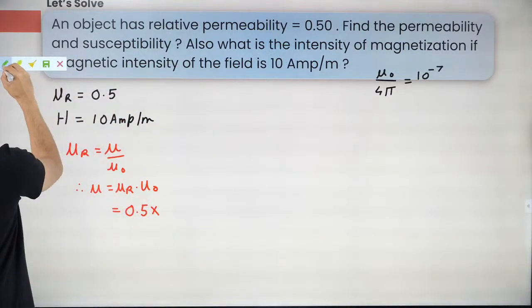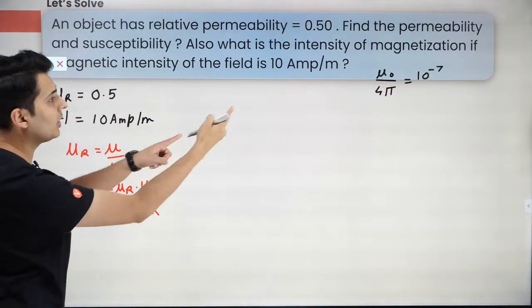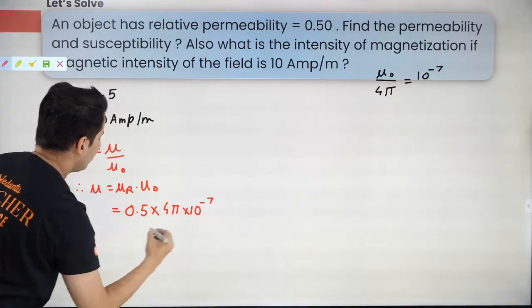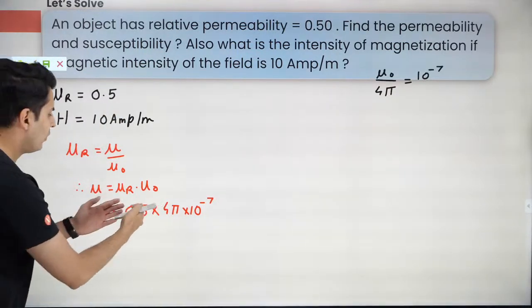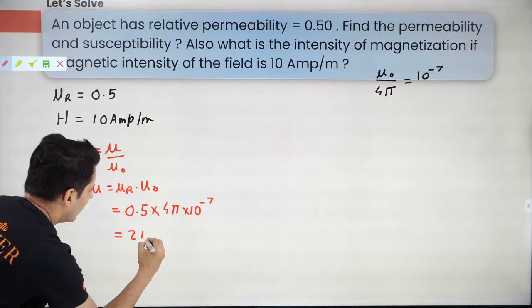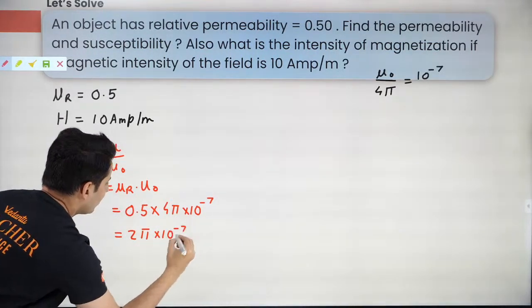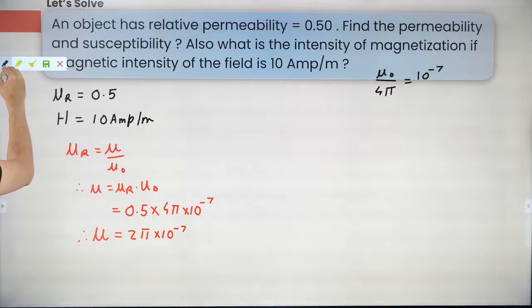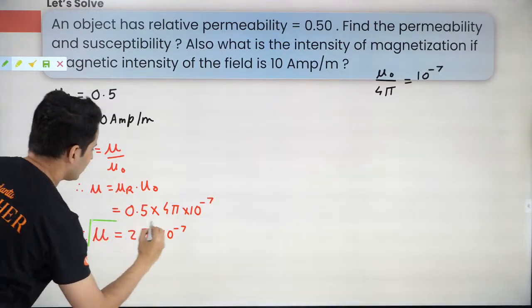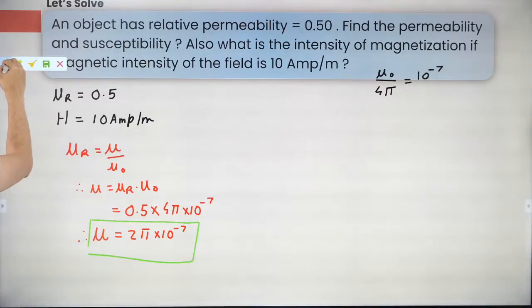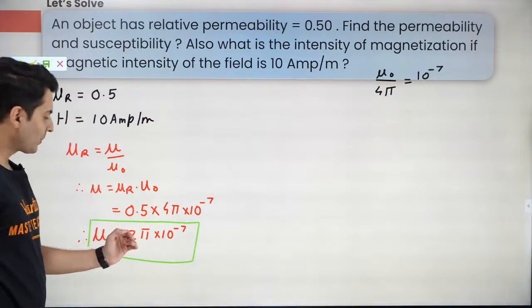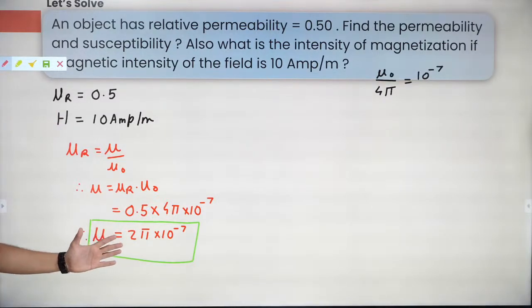Use that fact and put it over here. So mu naught will be nothing but 4 pi into 10 to the power minus 7. So this will become 4 into half is 2. So 2 pi into 10 to the power minus 7. That's the value of mu. That's the first answer that we got. I hope this is clear.